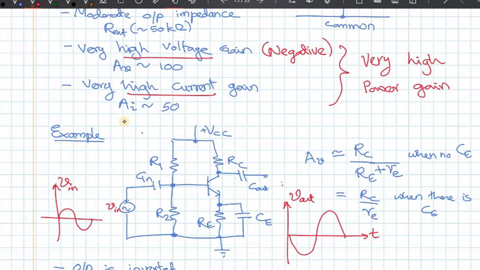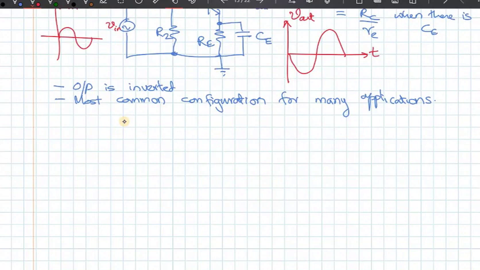You can see if you have AV and AI of 150, the power gain may be like 5,000, pretty big, roughly. If you assume ideal conditions, typically it is a little bit lesser, less than that. So these are some of the applications.